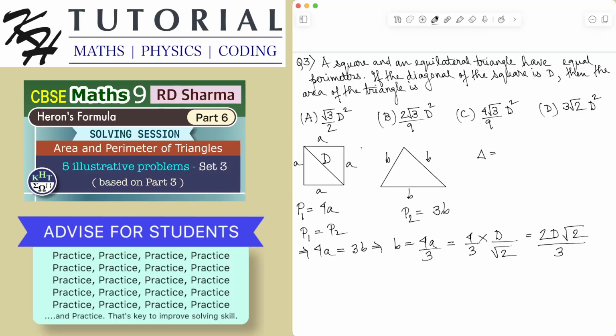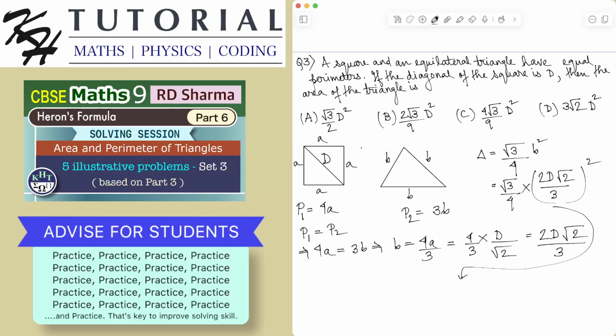So area will be, we know for an equilateral triangle the area is square root of 3 divided by 4 multiplied by the square of the length of each side, and we see that it will be b square. So this is equal to square root of 3 divided by 4 multiplied by 2d square root of 2 divided by 3 whole square.